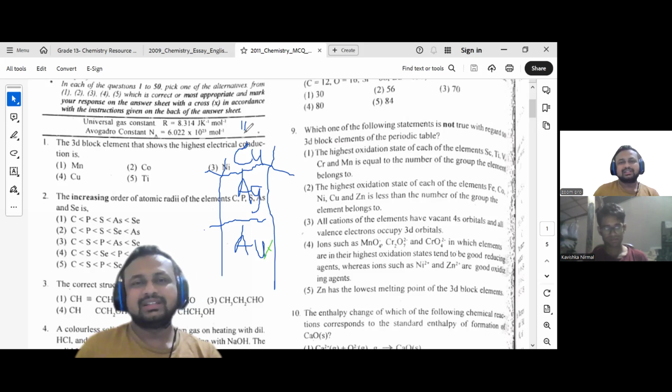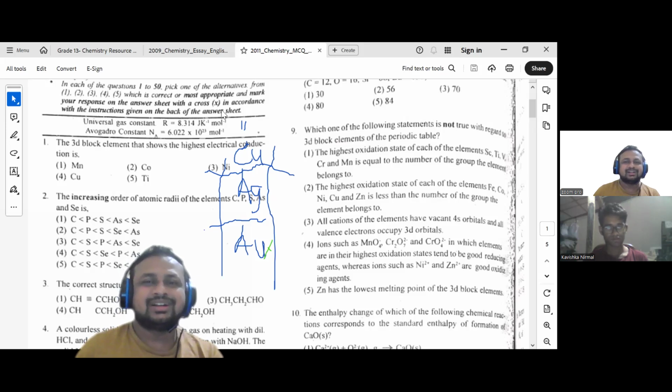Copper we use in household electricity wires and cables, and most are made of copper due to wide availability and cost effectiveness. That's the way we obtain the answer for question number 1.